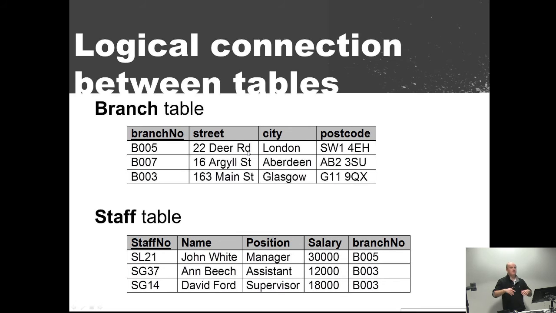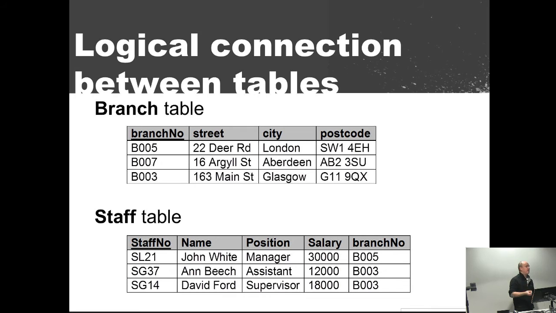You can imagine that different people will write it a different way. Some people will just write road. So you will have people at 22 Deer Road and people at 22 Deer RD. And then when you make a query and say, who are the people working at 22 Deer Road? You will miss all the other ones.